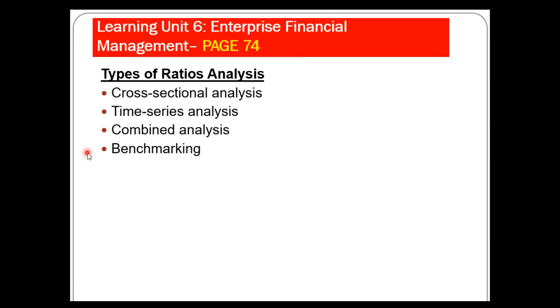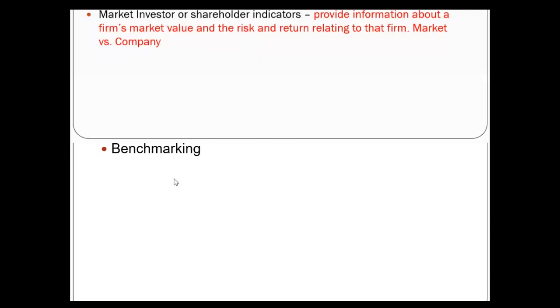In other words, our performance is based on the performance of the other companies. We say, okay, the other company is making a profit of 20%. It means that will be our benchmark. It means we're going to make sure that we are equivalent to that 20% or we exceed that particular 20%. Please, for more information, go to the manual.